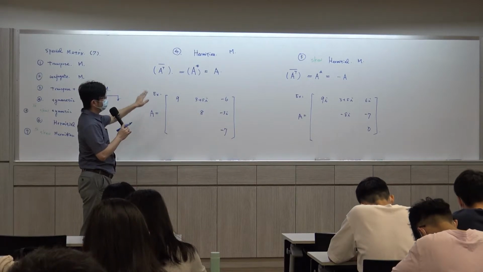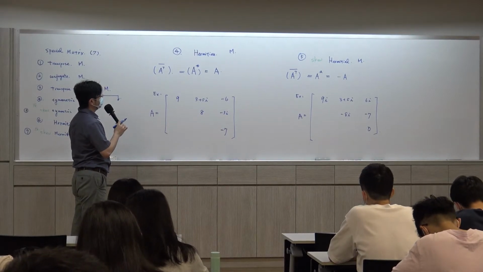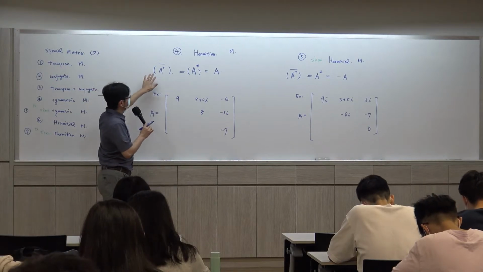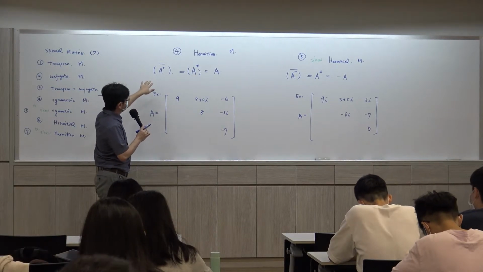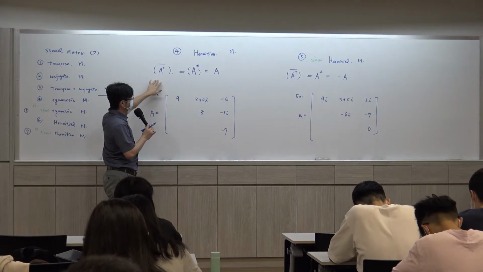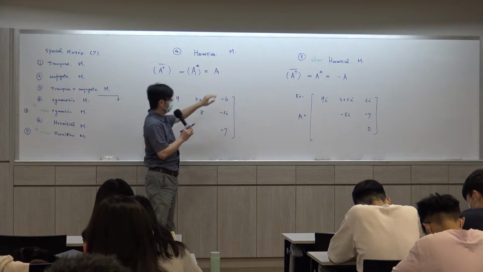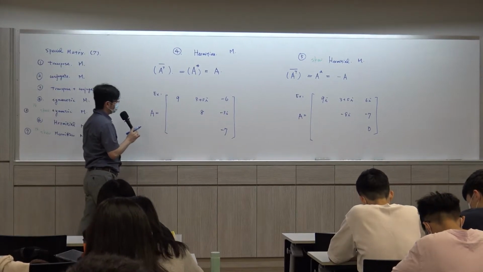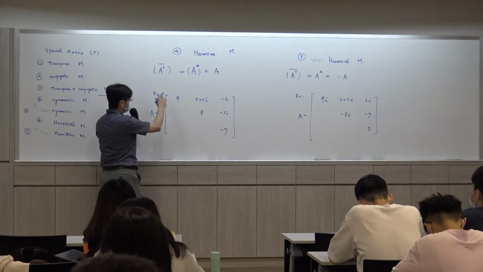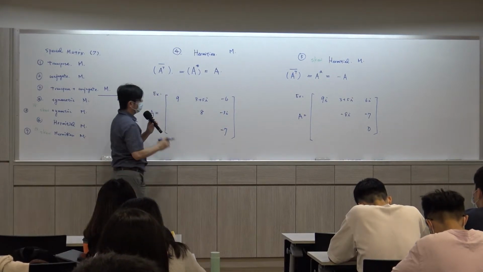Okay, so let's compare the two definitions. For the Hermitian matrix, on the left, the transpose and conjugate matrix equals A. So you can check the elements on the diagonal axis.